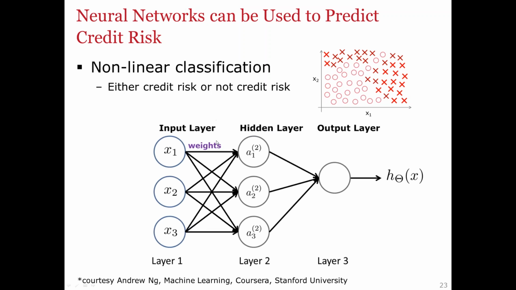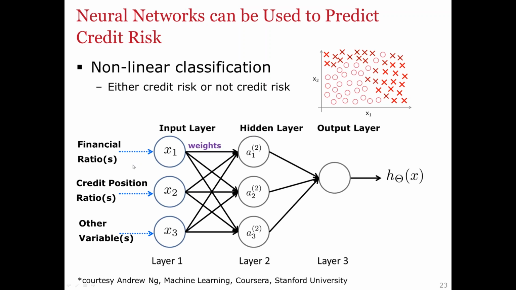So a neural network looks very similar to the physical neuron, where we have different inputs like financial ratios, credit risk positions, and other variables that become what's called an input layer. We assign certain weights, and what we have in this algorithm is a hidden layer and then an output layer.